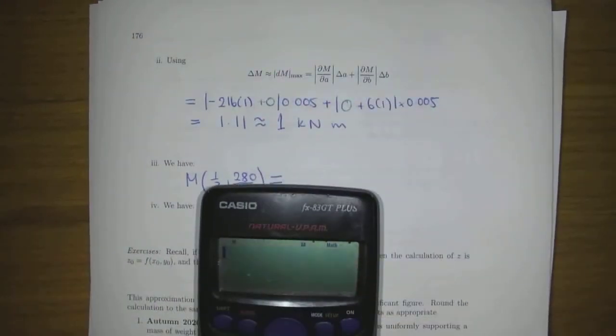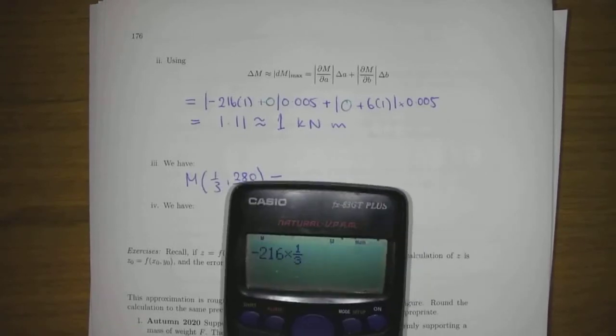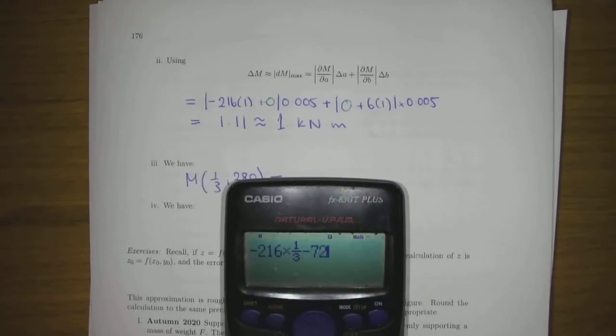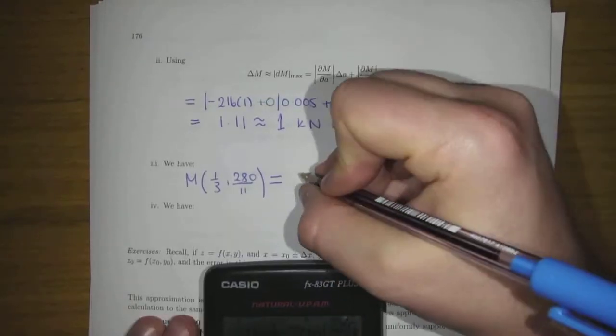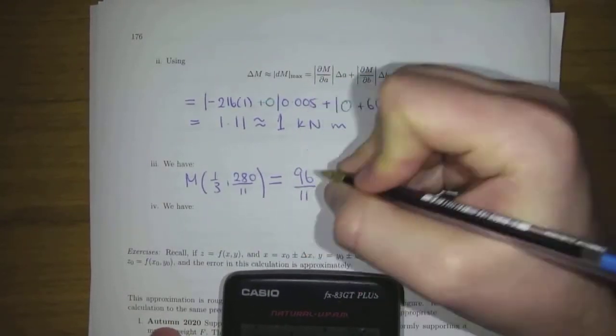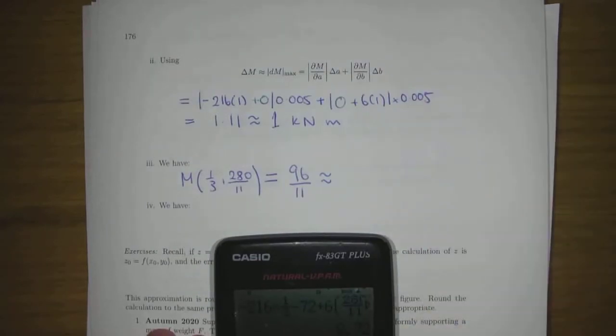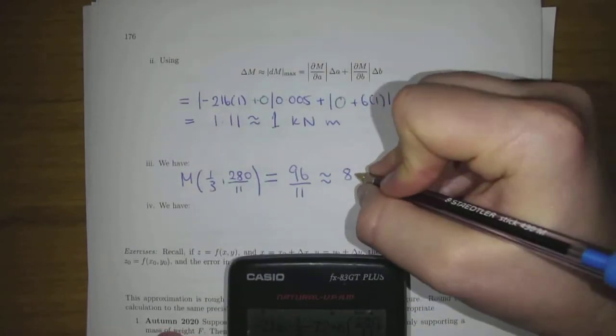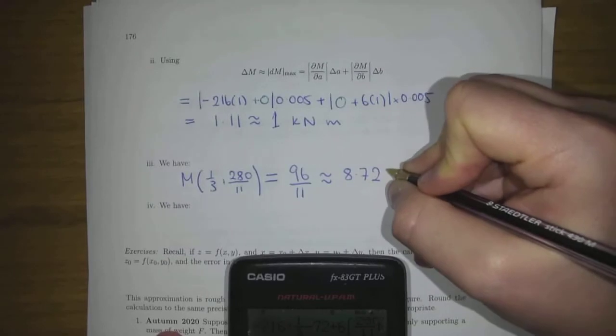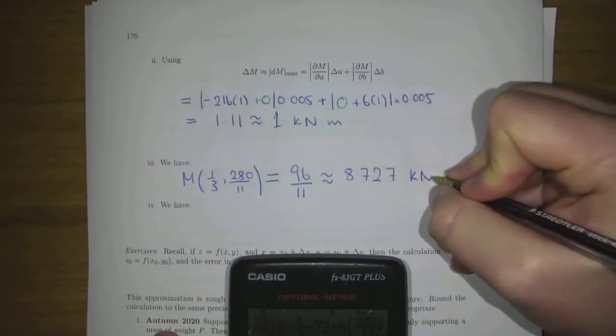So minus 216 by 1/3, minus 72, plus 6 by b is 280 over 11. This is a fraction, 96 over 11, and I'm going to present this correct to 4 significant figures. 8.727 kilonewton meters.